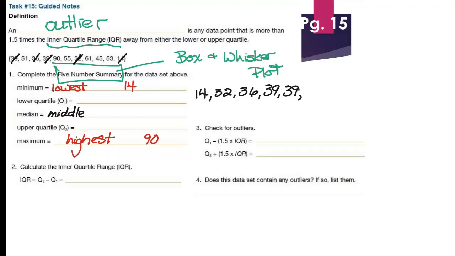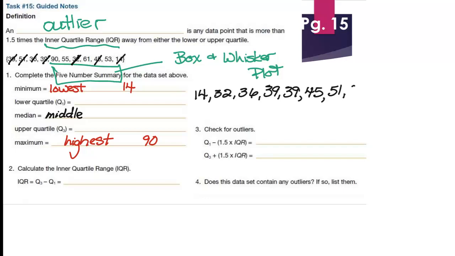We have to find the median, and for the median, you put them in order from least to greatest. 45 is next. 45, 51, and when you cross them out, that way you don't look at them again. 53, good. 55, 61, and 90. Good.